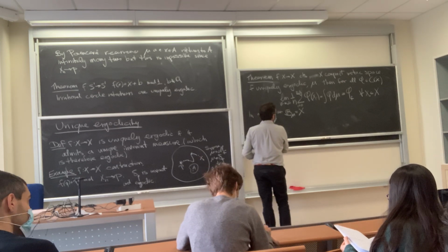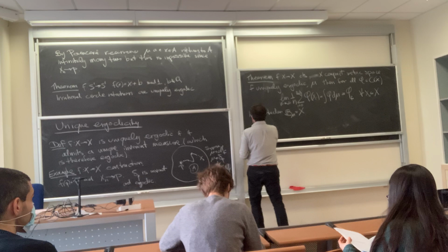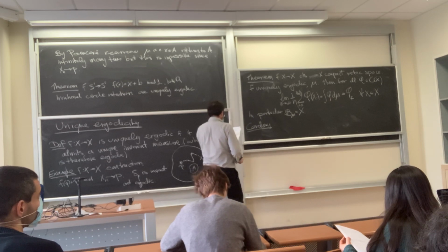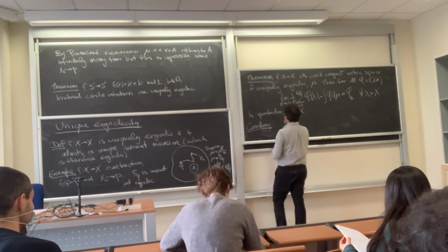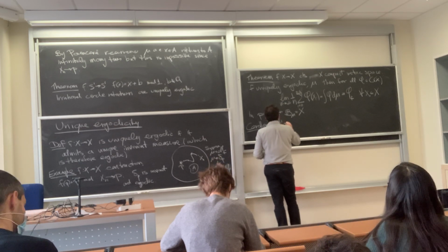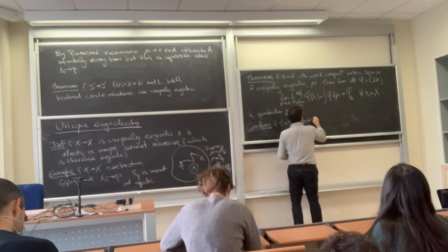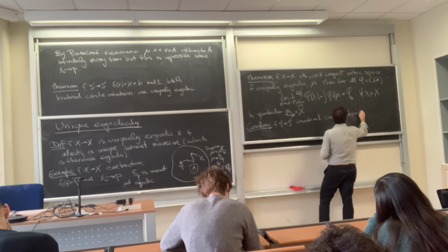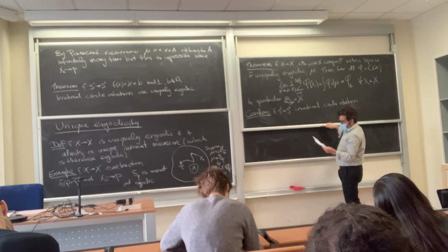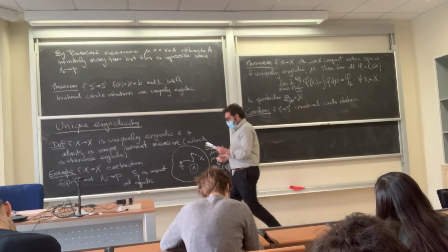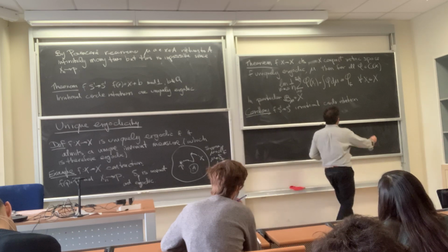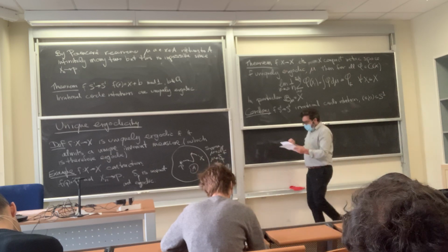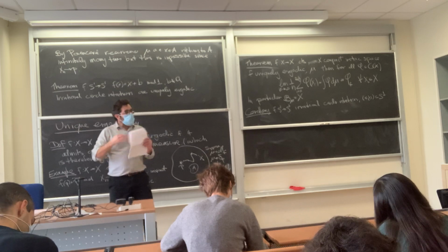So as a corollary of this, we will get that for F an irrational circle rotation, and if we take an arc AB, then every single orbit is uniformly distributed.